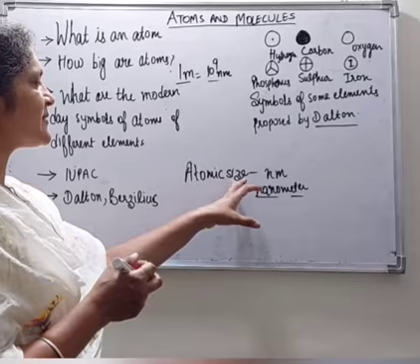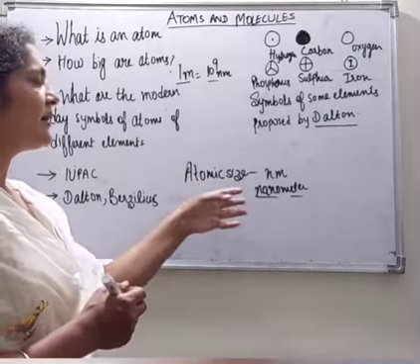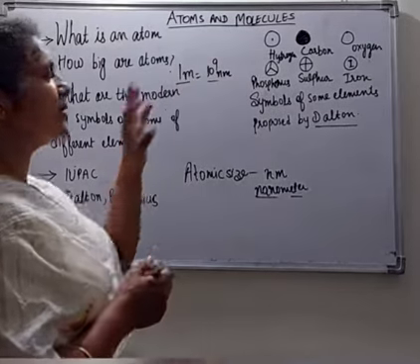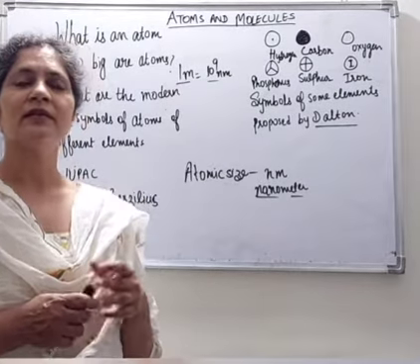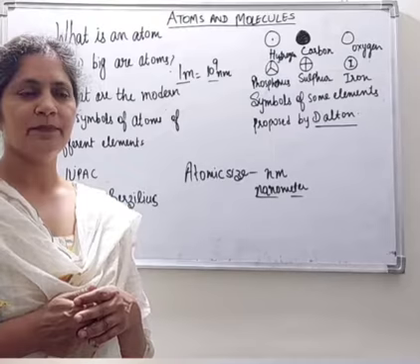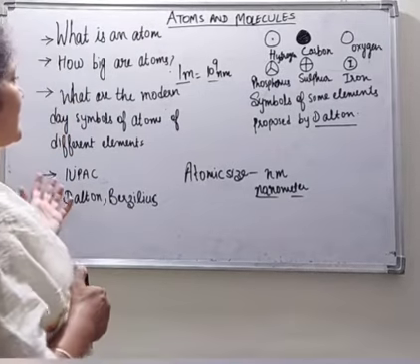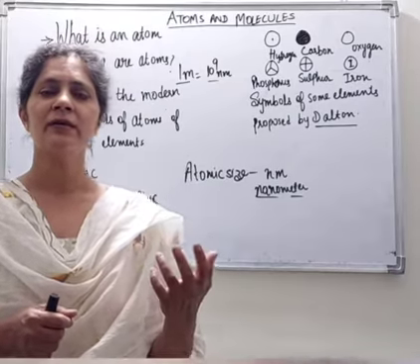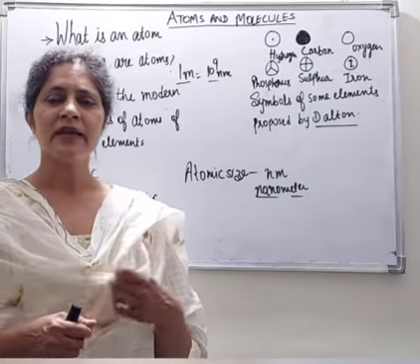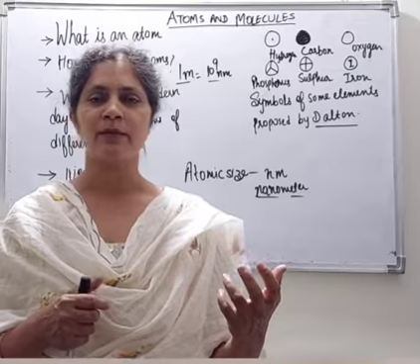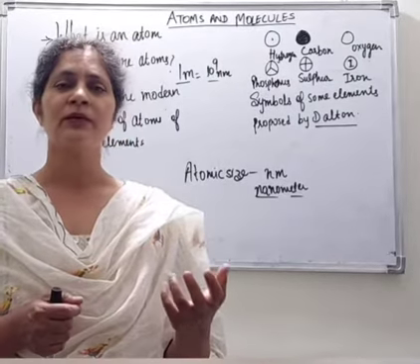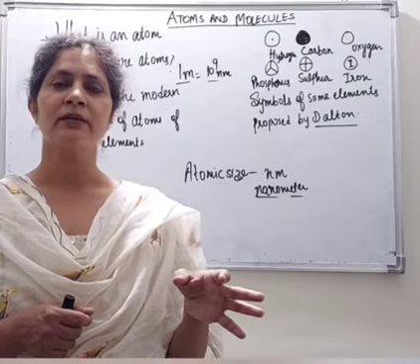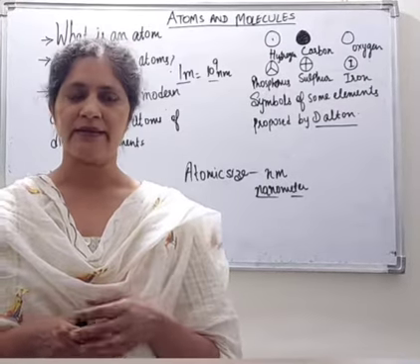Nano means very small. 1 meter is equal to 10 raised to power 9 nanometers. Now students, you will ask why we are studying again and again about atoms. Because everything around us is made up of atoms, and whatever we are doing is also affecting the atoms. So we cannot ignore the study of atoms.